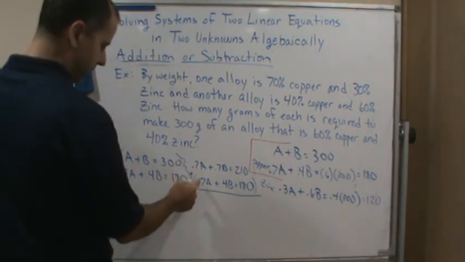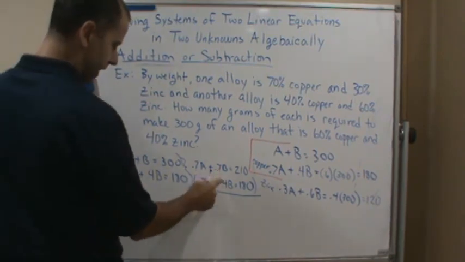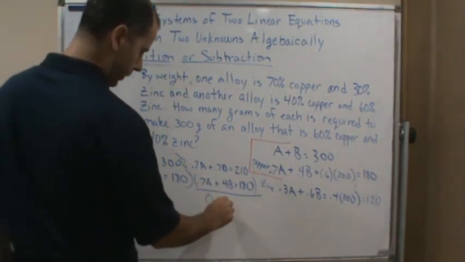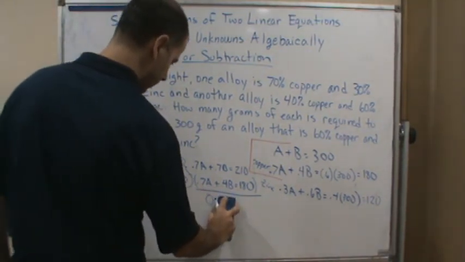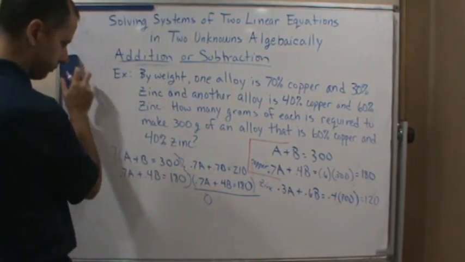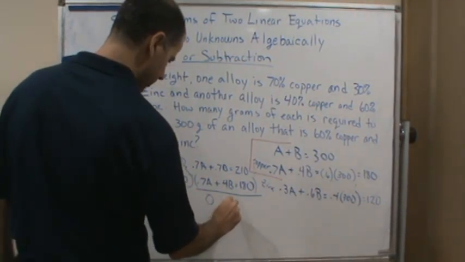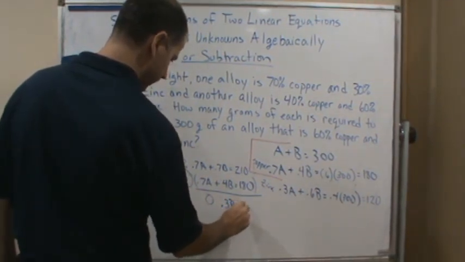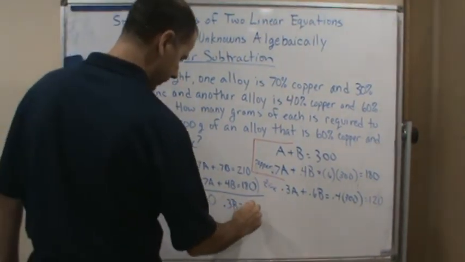So this is going to be 0. And then 0.7 minus 0.4 is 0.3, not negative 3. It's going to give me 0.3B. And then 210 minus 180 is 30.